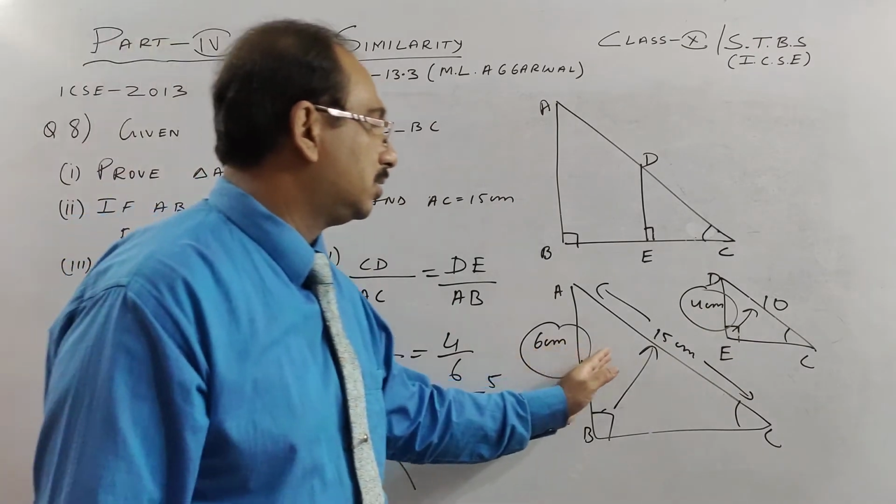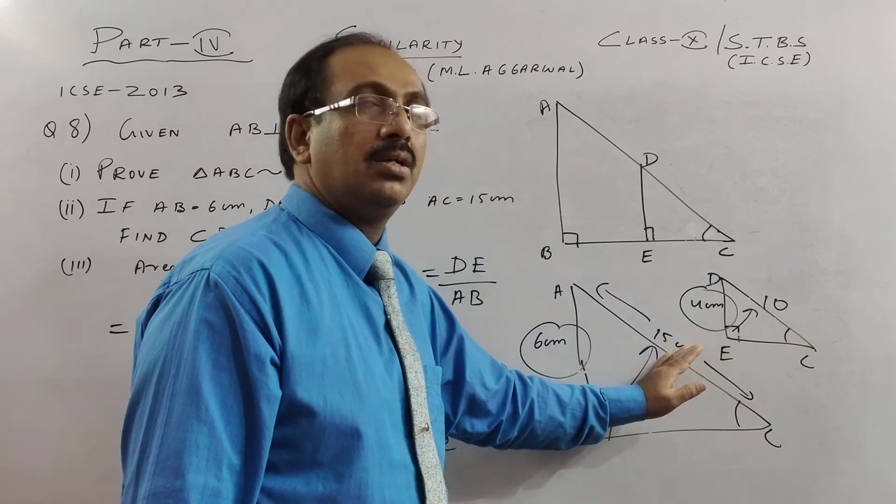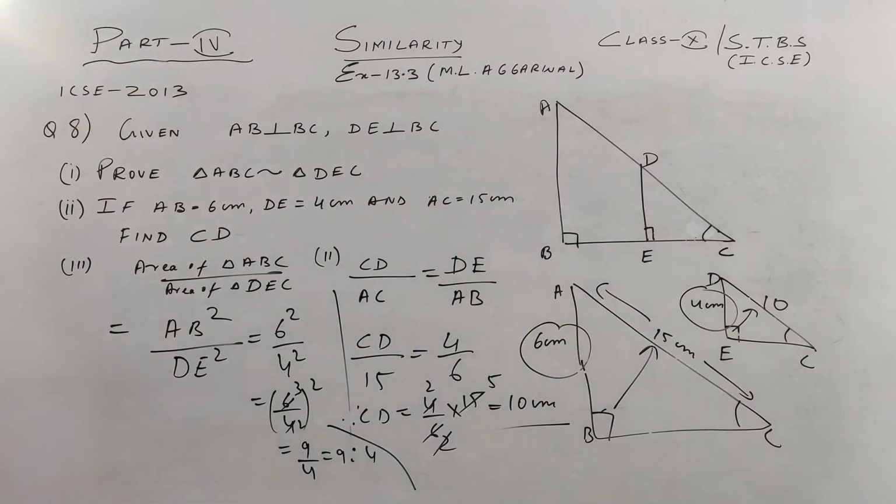Okay, because this is in the 3 is to 2 ratio side, square it. 9 is to 4 is your answer. So kindly pause the video and copy. Then at the end, I am going to tell you what you have to practice.